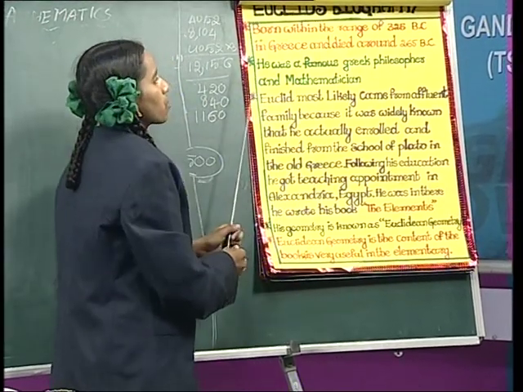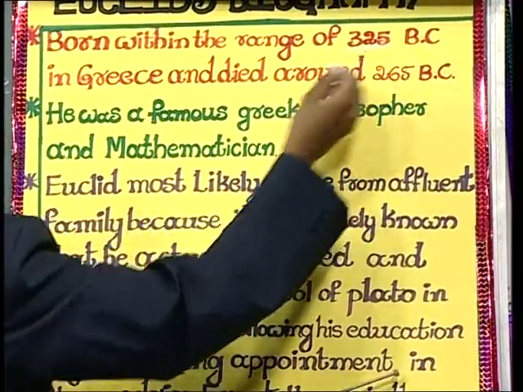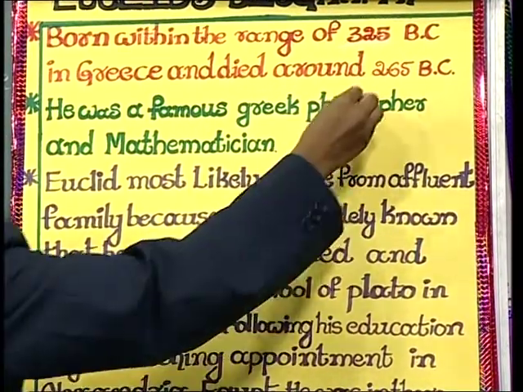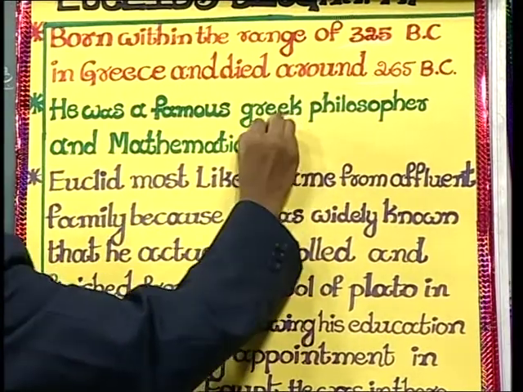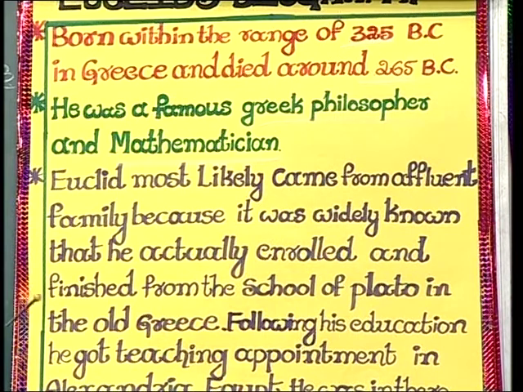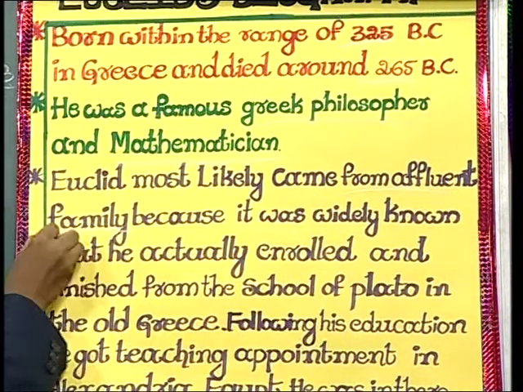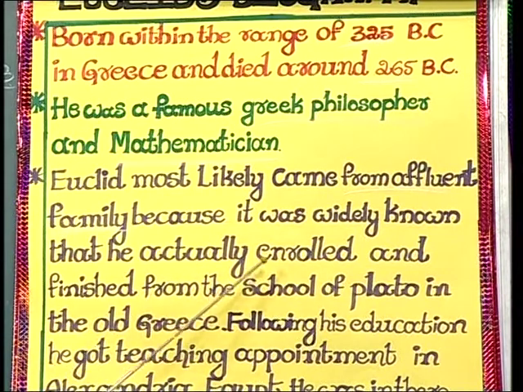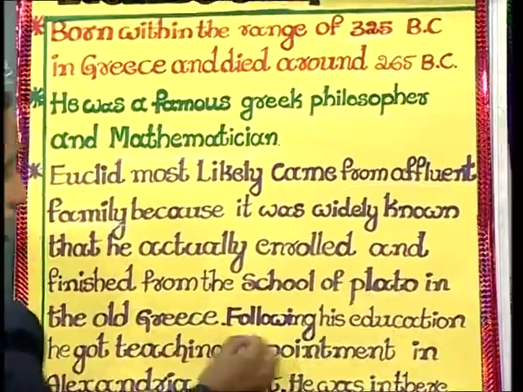Here you can see that he was born around 325 and he died around the same range. Greek philosopher and mathematician. Euclid most likely came from an affluent family because it was widely known that he enrolled and finished from the school of Plato in old Greece.